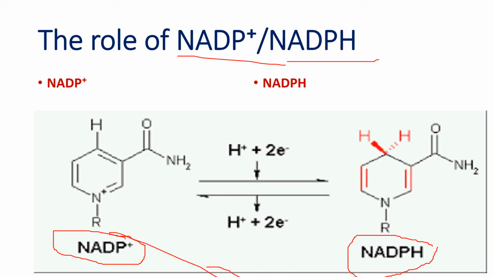That means NADP plus has gained an electron plus a hydrogen ion to form NADPH. And if NADPH loses an electron during the chemical reactions, it goes back to what? To NADP plus. So the role of NADPH during photosynthesis is that it is used in the Calvin cycle to assimilate carbon dioxide.